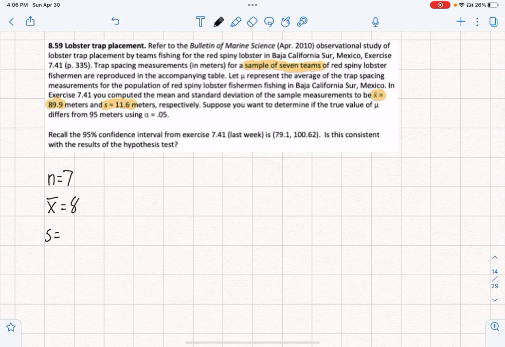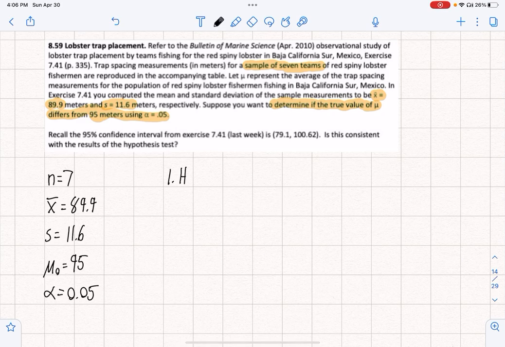So mu naught, we want to determine if the true value of mu differs from 95 meters. Okay, so mu naught is 95, and alpha was given to us as 0.05.